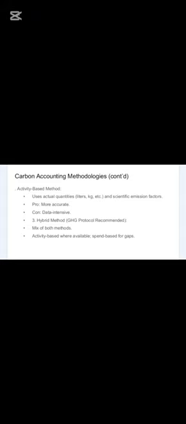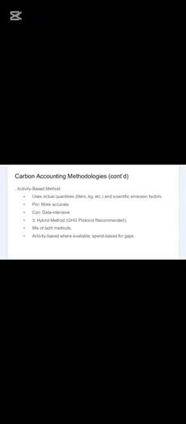These emissions factors are often taken from scientific studies. In carbon accounting, activity data generally allows for more accurate emissions estimates than spend-based data, but it is not as readily available as spend-based data and can be time-consuming to gather.